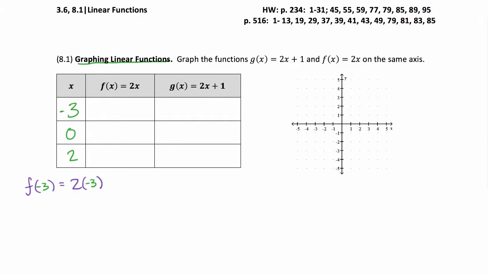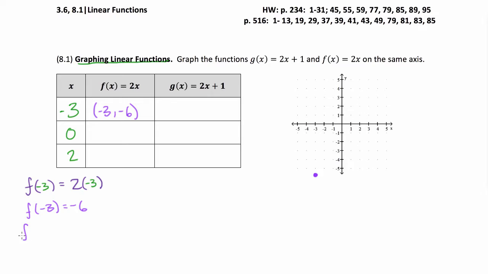And so what I end up with is f of negative 3 equals negative 6. So that gives me an ordered pair, negative 3, negative 6. I'll put that right about there.